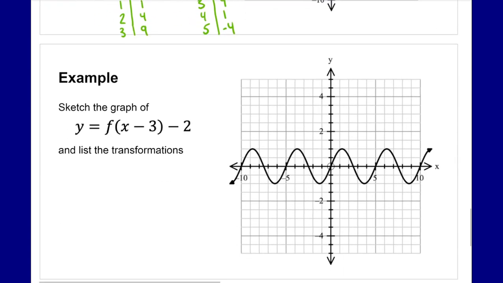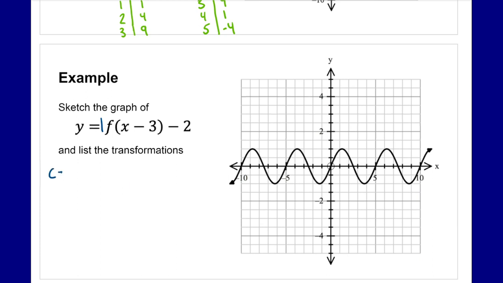We'll look at one more example. So looking at a sine wave, again, we can list our transformations first. What do we see? Well, we don't have an a value, or a is 1, right, an invisible 1, so there's no a value change.